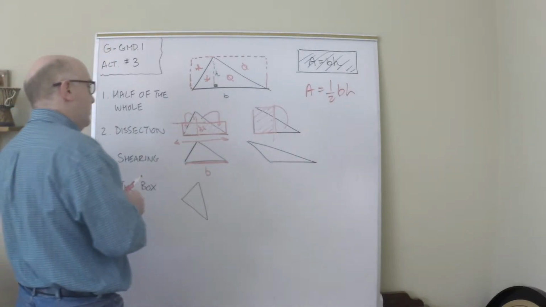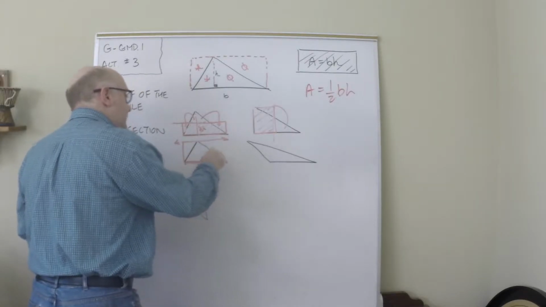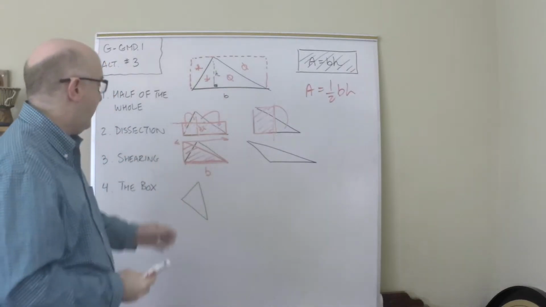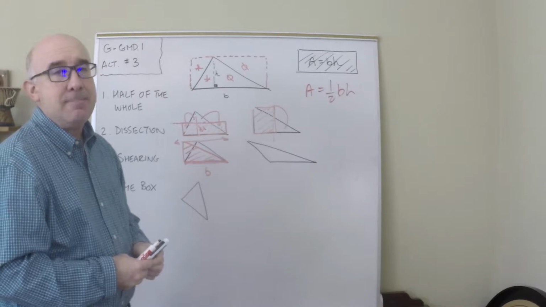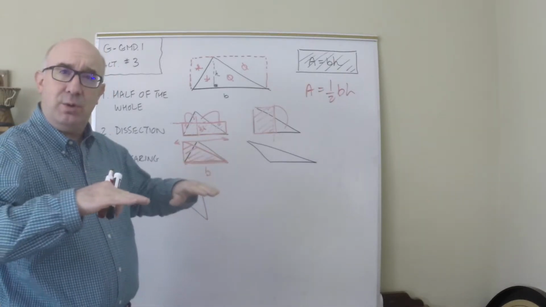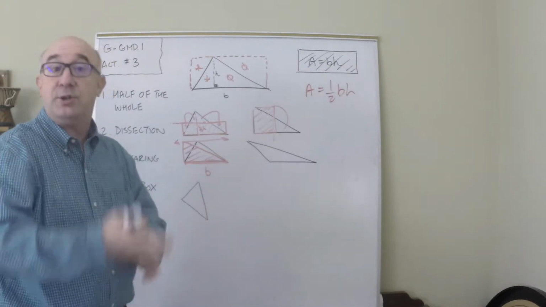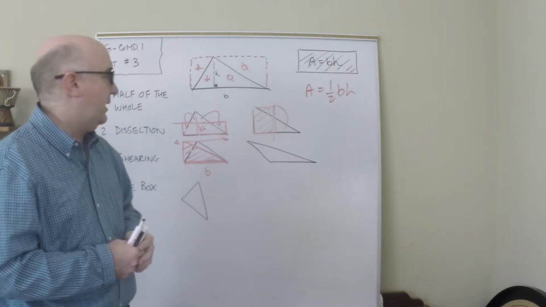Normally, we would maybe move it until we got a perpendicular here, and then it's very easy to see this new calculation of base times height, 1/2 of base times height. Sometimes you shear it on a grid so that you can calculate its base easily, so it's a horizontal or a vertical base, and then it's easy to count base and height from there.